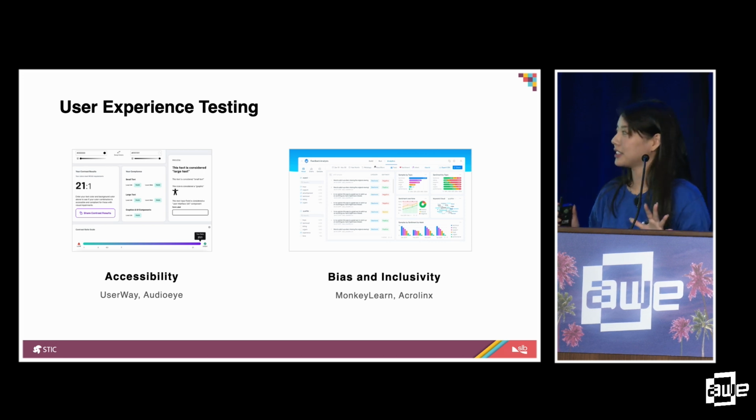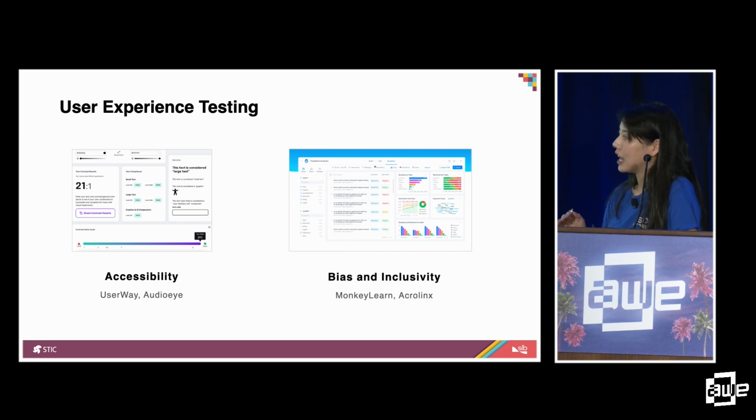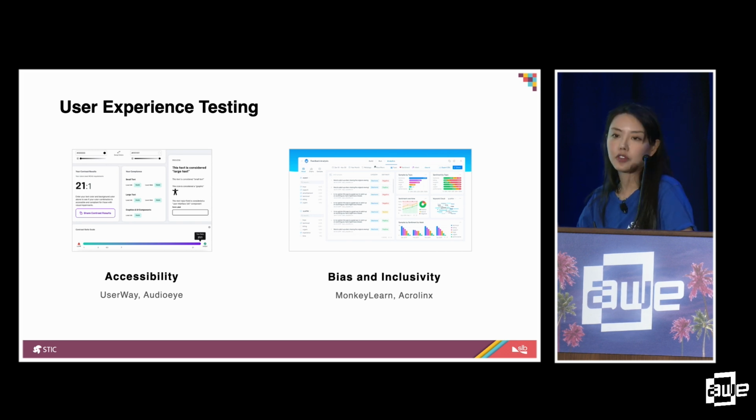And after the final design, there's one step where we can keep using those AI tools to test the accessibility and inclusivity of our product. As for accessibility, usually designers count on their work experience to analyze our design. For example, what is the font size? How big is the button?